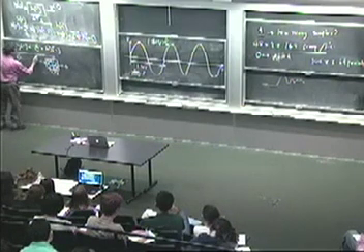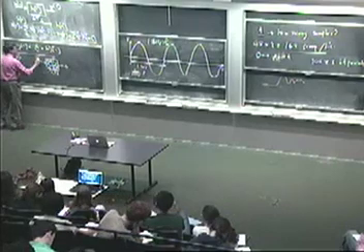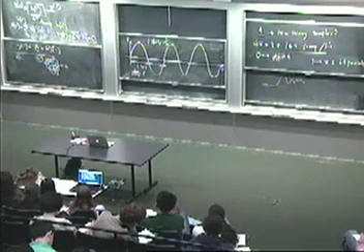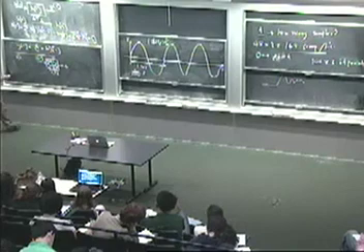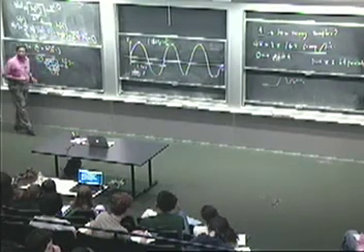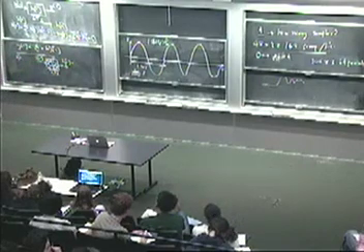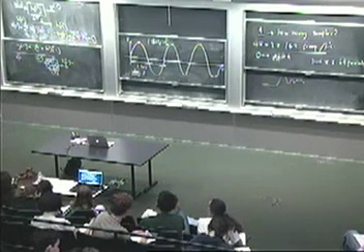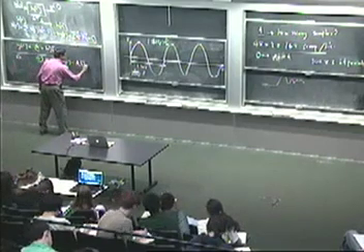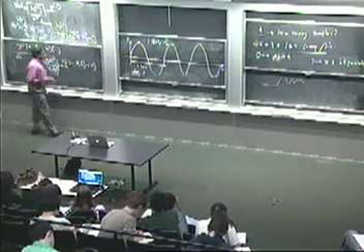So what's the unit sample response? If I put in a unit sample function at the input, what's the output? Anyone? Yeah. A delta of n minus D, right?